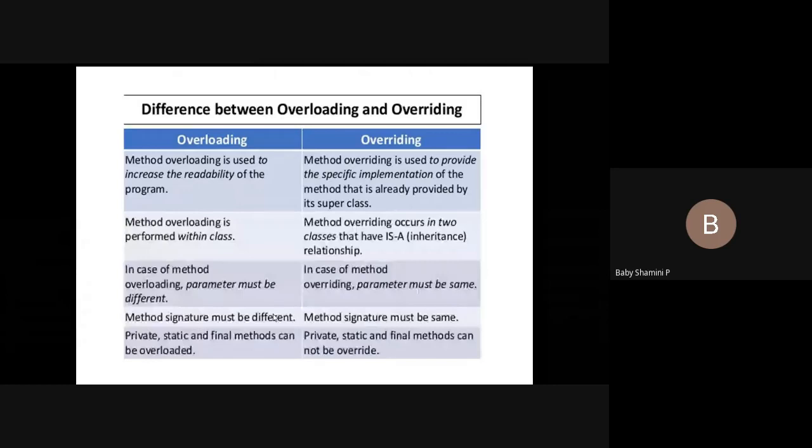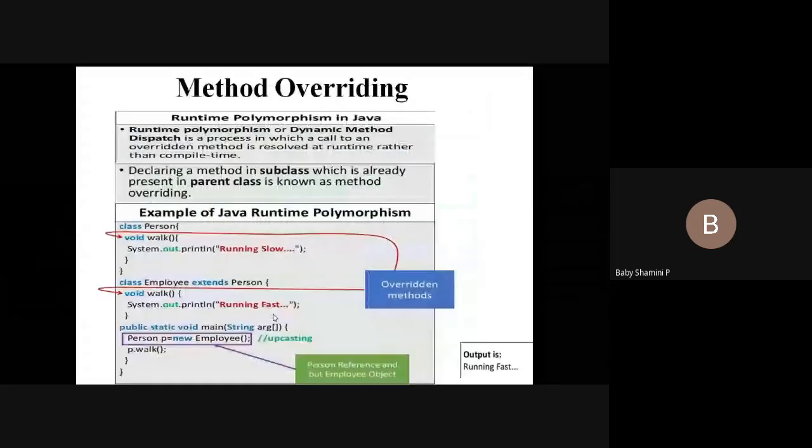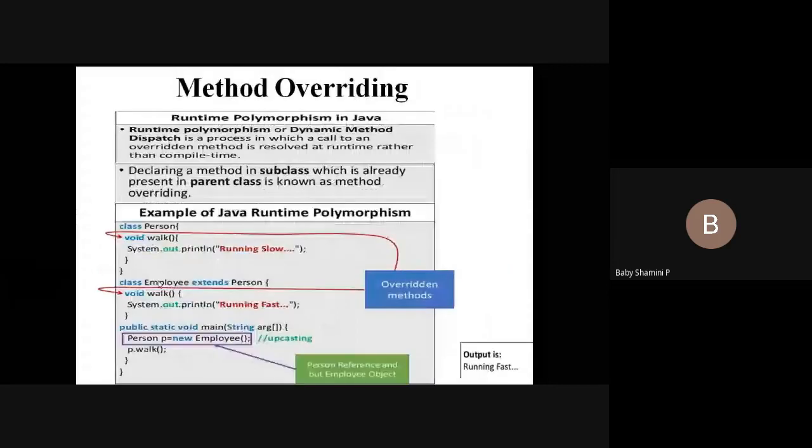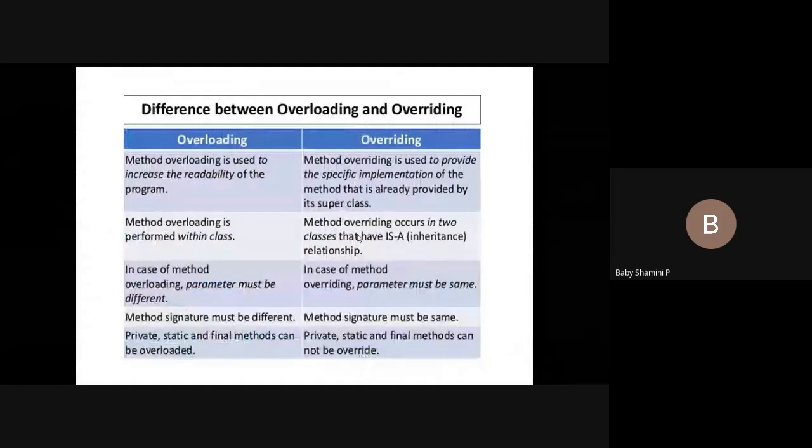Method overloading is performed within a class, for example class Calculation with void sum within a class. But in method overriding, we have two different classes, a parent class and a subclass. So method overriding occurs in two classes that have an is-a relationship, that is inheritance.